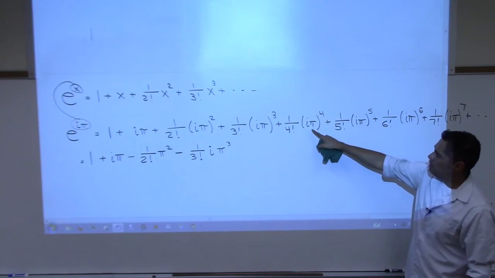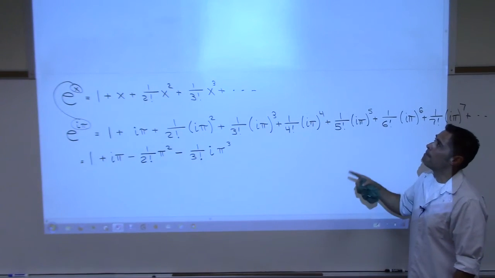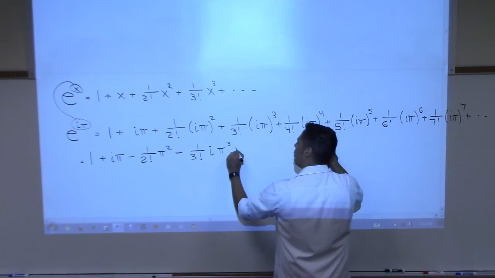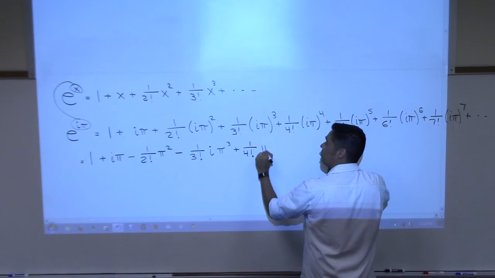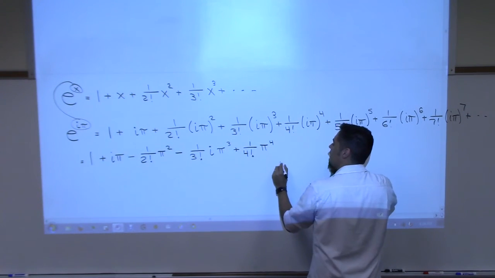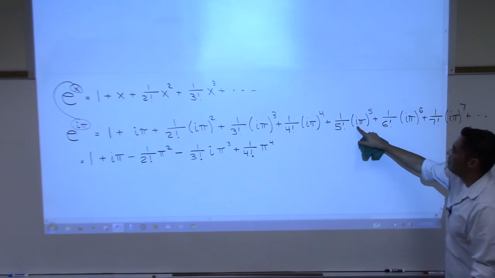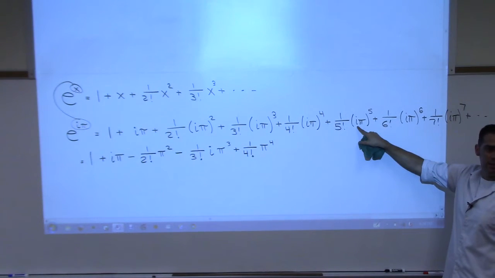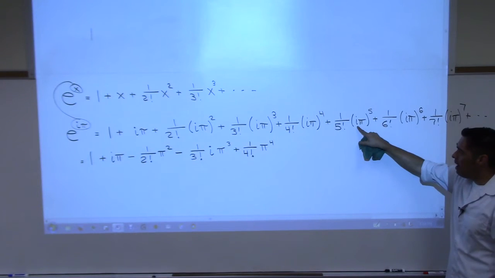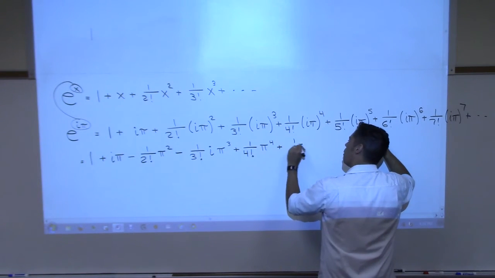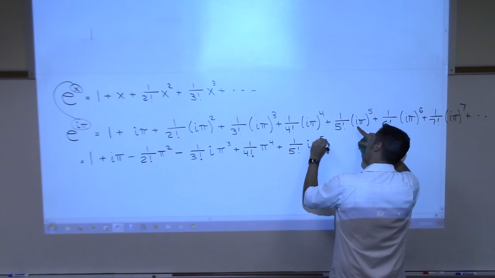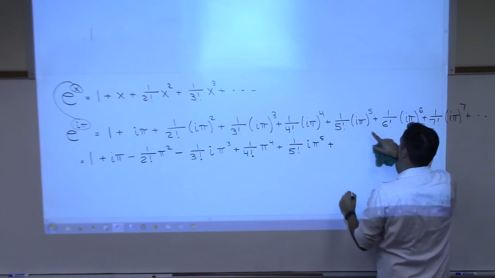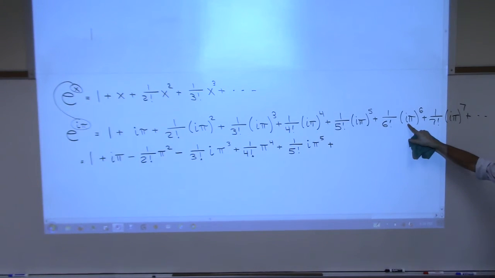Next one, i to the fourth. 1. So plus 1 over 4 factorial pi to the fourth. Next one, i to the fifth. I'm back to the beginning, right? So that's just going to give me i. So I'm going to have plus 1 over 5 factorial i pi to the fifth plus i to the sixth, -1.